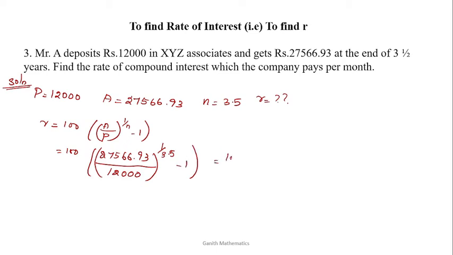So 100 will be there as it is. 27,566.93 divided by 12,000 would be 2.297.